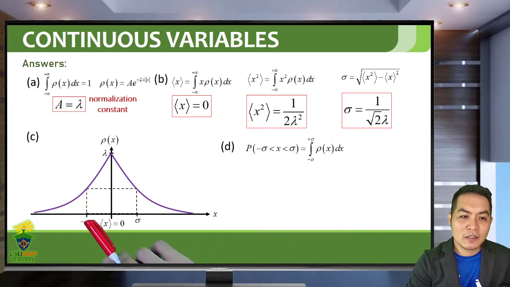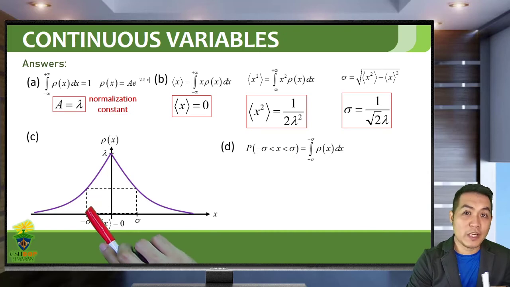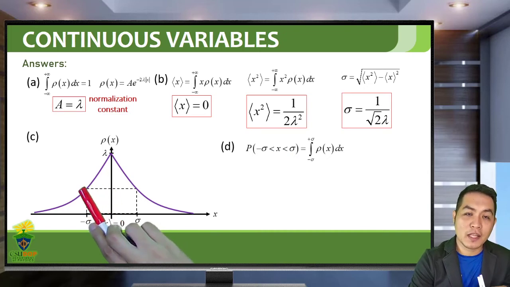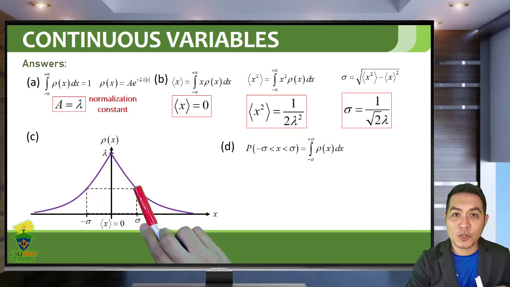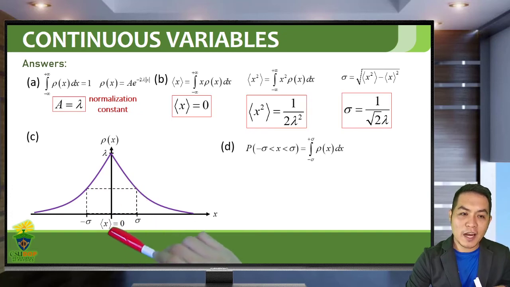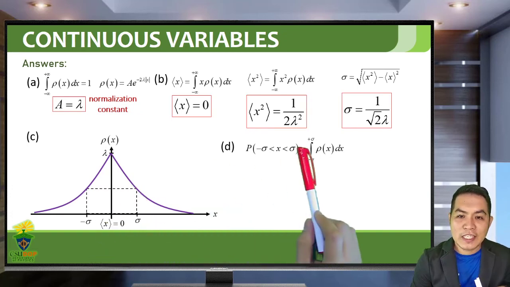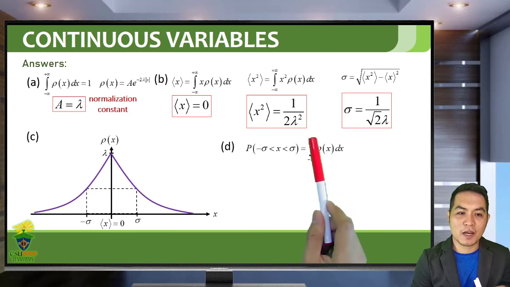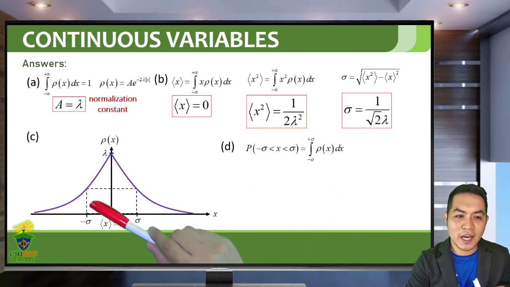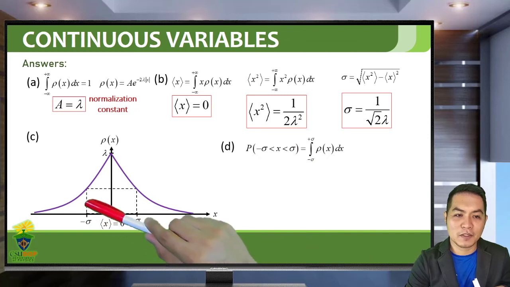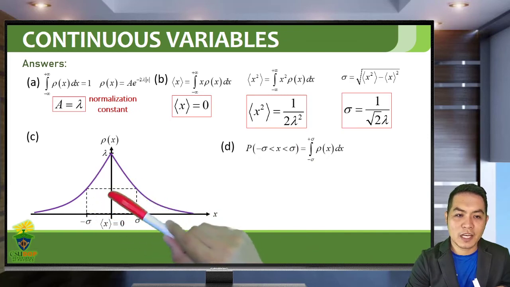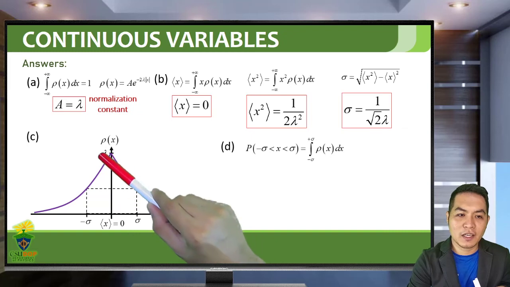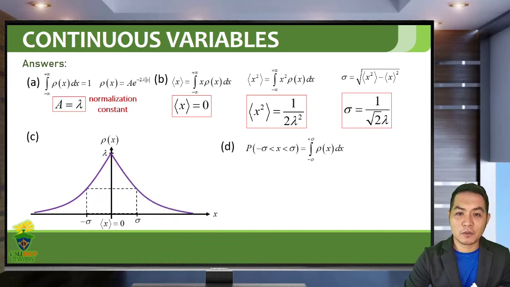So the integral of rho of x dx from negative sigma to positive sigma is actually this area here. This area is the probability that we are trying to look for.